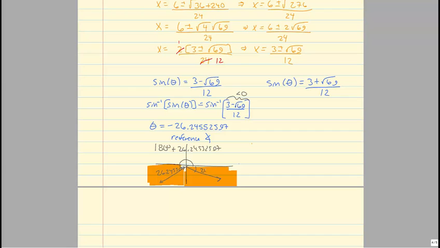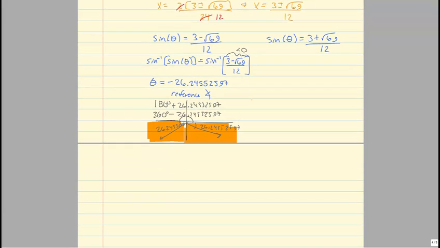And that's going to be that 26.2455, etc. 2597. So there's a couple different ways we could think about it, but I think the easiest way would be 360 degrees minus 26.24552597. So again, we need to know where we're at in terms of the unit circle.